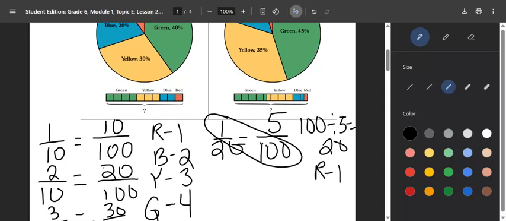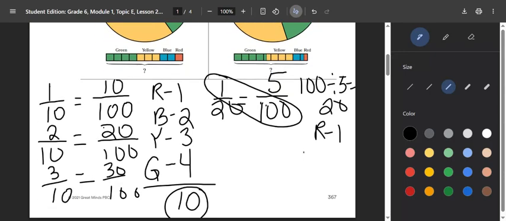So if the unit value is 2, then that means that for blue, she's going to have 1 whole unit, which is 2, and then a half of a unit, which is 1 more, so she would have 3 blue balloons.